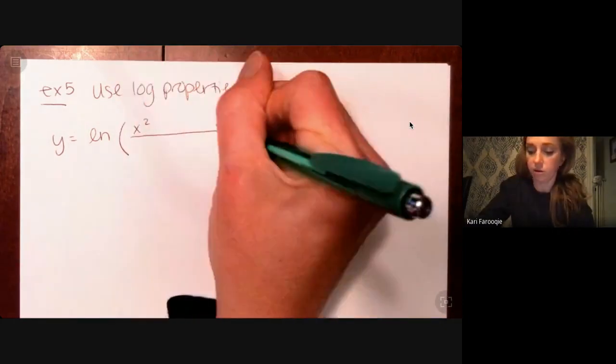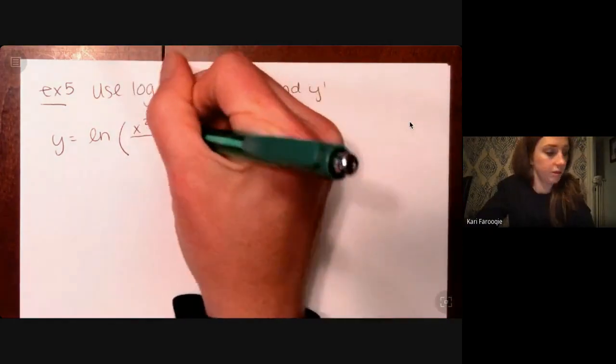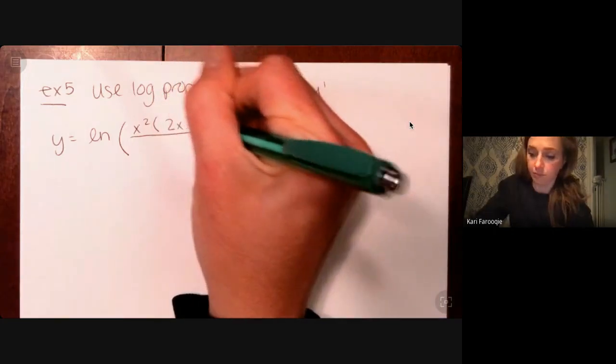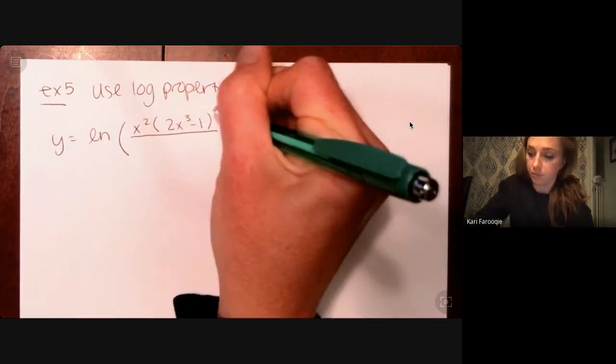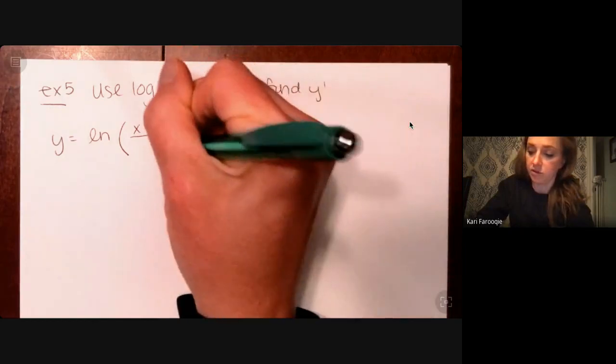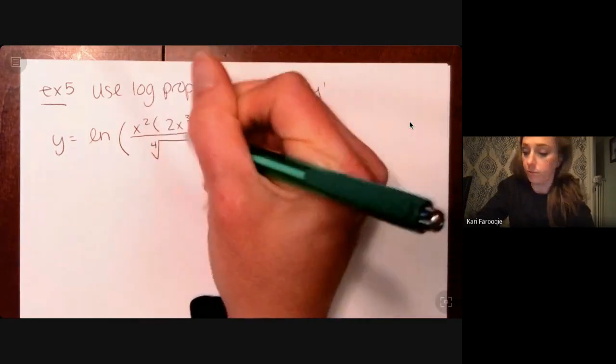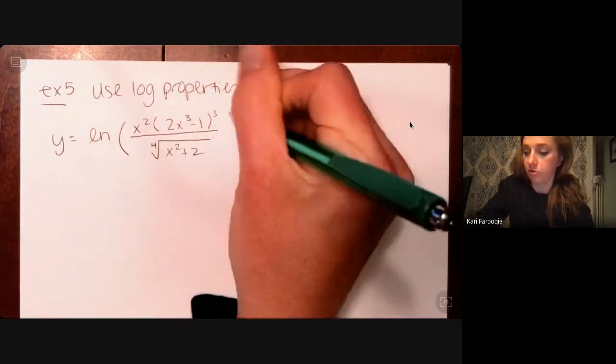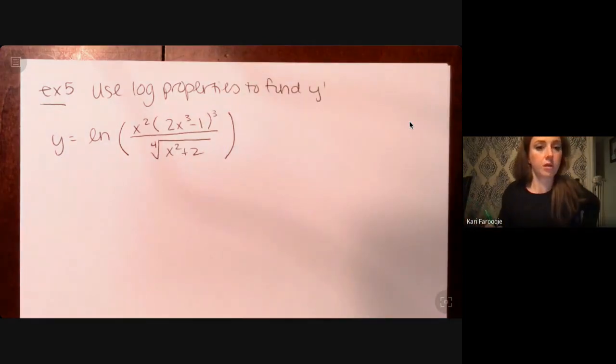And it's going to be a log of a fraction. So in the numerator, we have x squared times the quantity 2x cubed minus 1 cubed. And then in the denominator, we have the 4th root of x squared plus 2.